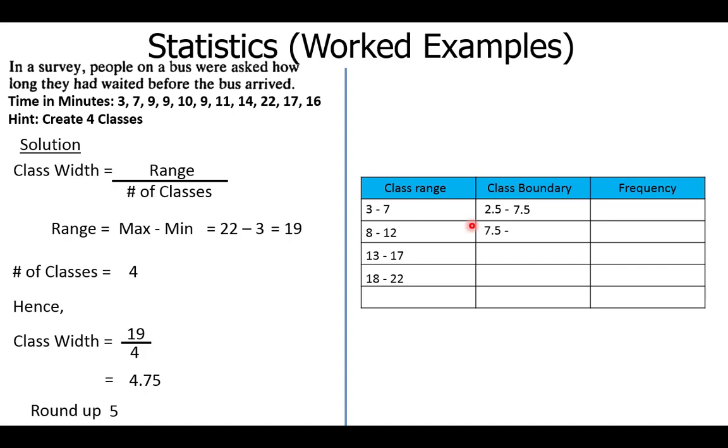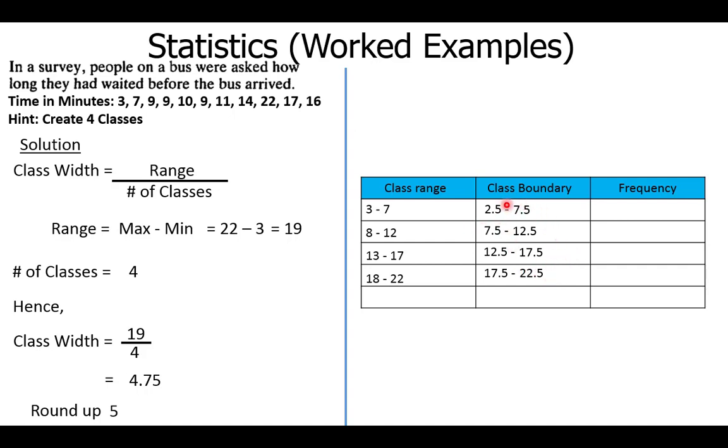Then if we add 0.5 to 12, we have 12.5. So we continue the process. We have 12.5 for the next class boundary, then 17.5, then 17.5 and 22.5. Okay, that is how we get our class boundary.